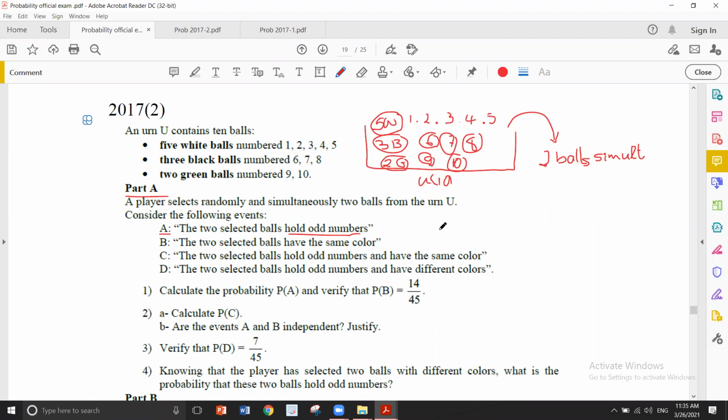What is the probability of A? Who can tell how to calculate the probability of A? The probability of A equals the probability of 2 odd.